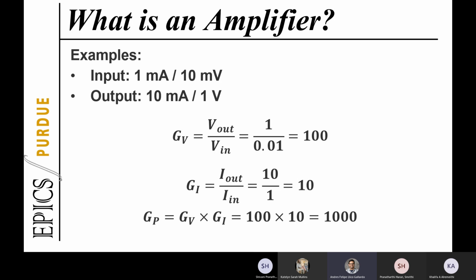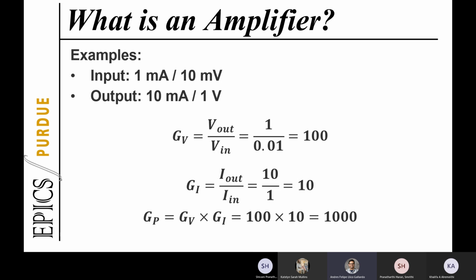So we're amplifying the voltage 100 times. If we repeat the process for the current, then we see that the current has been amplified 10 times. And if we take the product between the voltage and the current, then we see that the power being amplified in my system is in the order of 1,000.